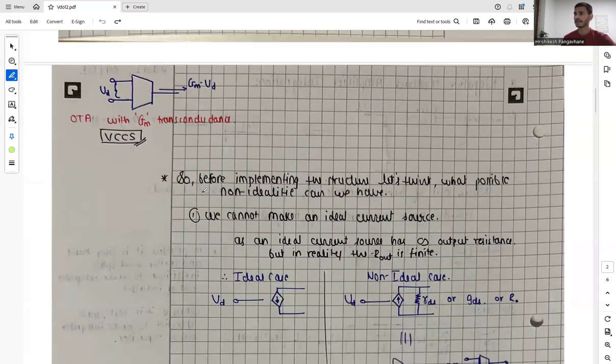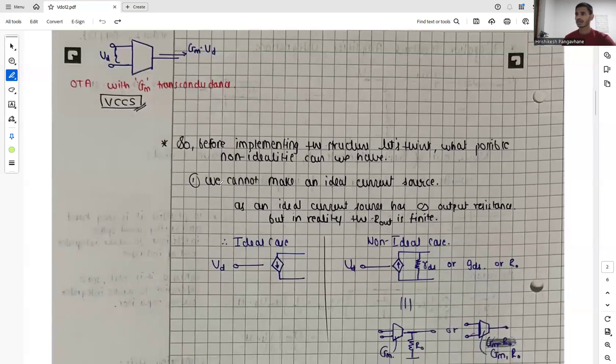So before implementing the structure, let's think about what possible non-idealities we can have. We cannot make a real ideal current source, because it's not possible to make one with an ideal infinite output resistance. In reality, the output resistance is finite, not infinite.